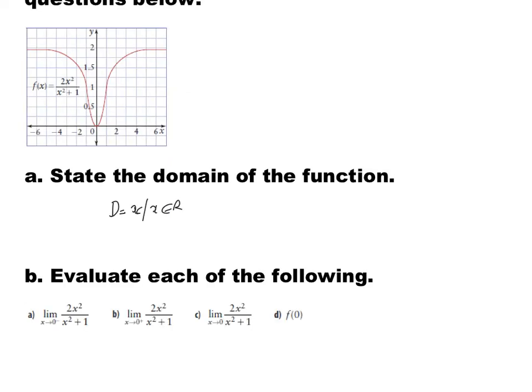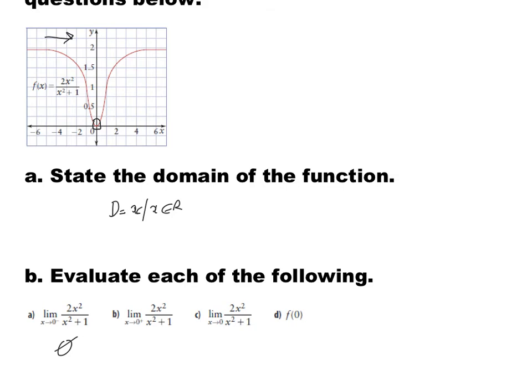The next question says evaluate each of the following limits. First, limit of 2x squared over x squared plus 1 when x goes to 0 from left. If we look at this function and go from left, we can see the limit at x equal to 0 is 0.